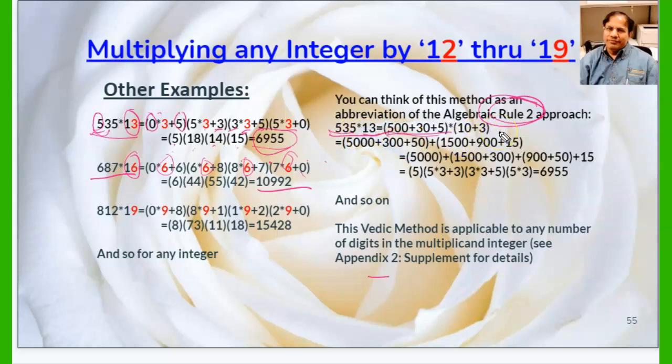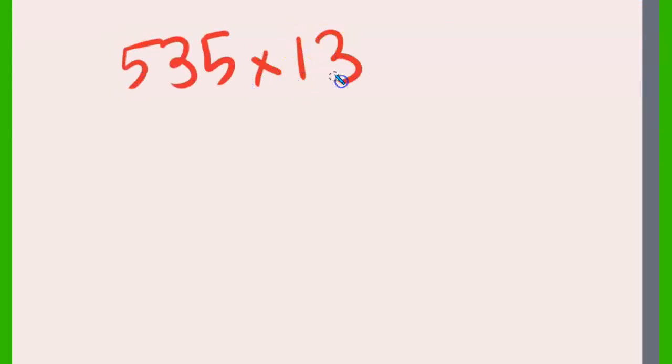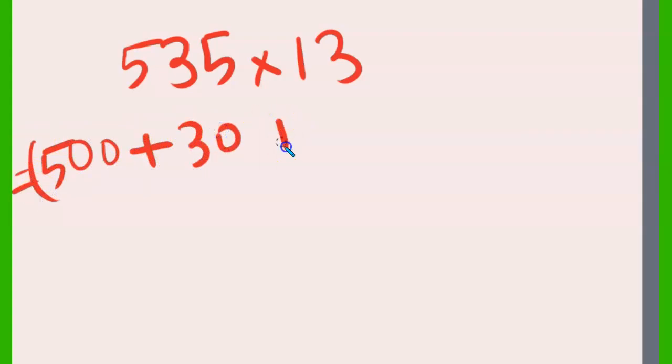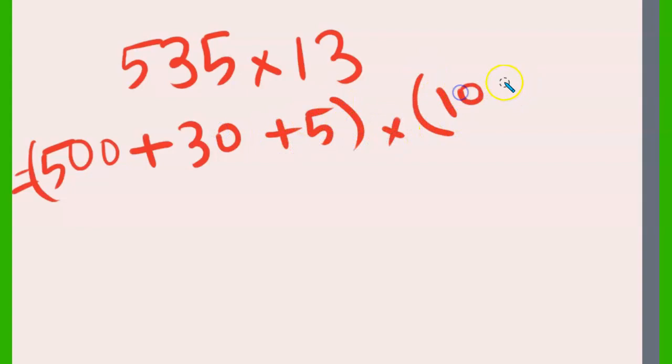And let's see how we do this on paper in more elaborate manner. So we have 535 times 13. We can write this as 500 plus 30 plus 5 times 10 plus 3.